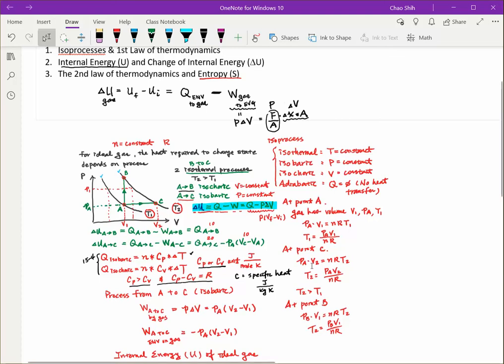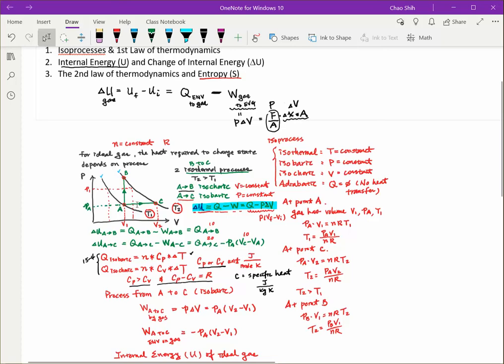If we look at the temperature of point A, point A is this point over here at the lower left corner on the T1 curve. At point A, the state is determined by V1, which you get by going down to find the volume.